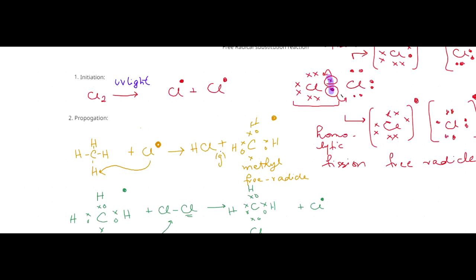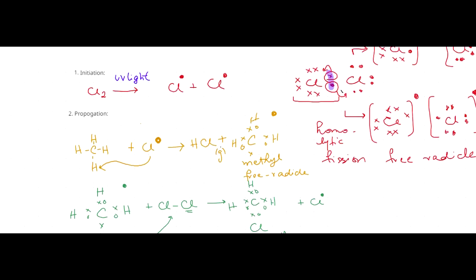Termination only happens when two free radicals react with each other. If the reaction is between a free radical and a molecule, then the reaction will keep on happening. But if two free radicals decide to react with each other, then the reactions will terminate.